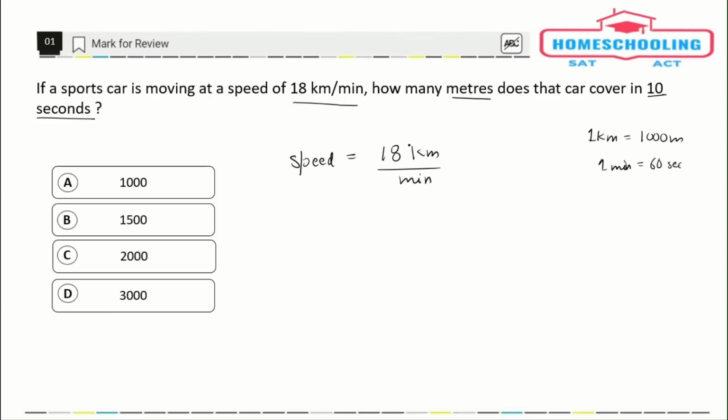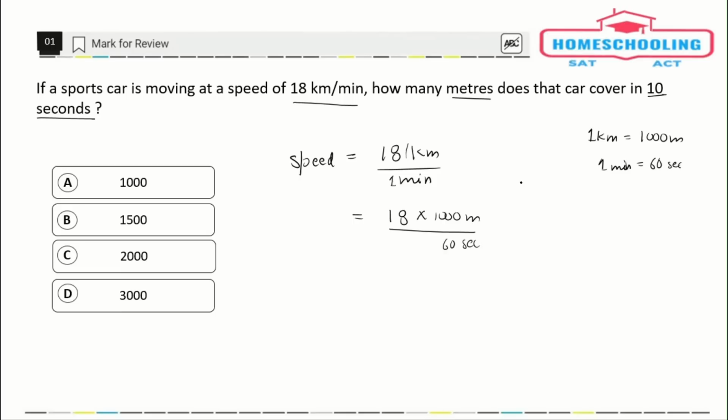So what we're going to do here is replace the units kilometer and minute with meters and seconds. We'll write 18, and instead of kilometer, we will write 1000 meters, because 1 kilometer is equal to 1000 meters. And similarly, 1 minute would be how much? That is 60 seconds.